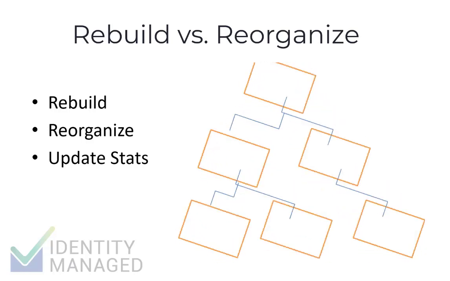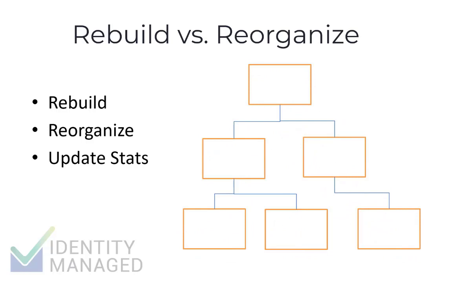There's another thing that happens, which is updating stats, where it does a sample to build statistics so the query optimizer knows the best way to go. Do I use this index or not? Do I use a different one? The statistics do get updated during a rebuild.